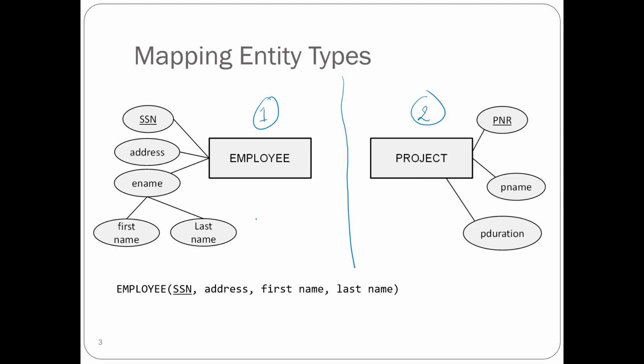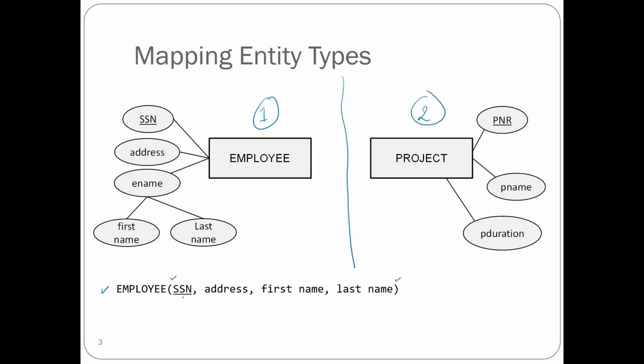Here we go. You're looking at this employee relation that we will create for entity type 1. You'd say employee, and then we will be using parentheses, and between the parentheses we will provide all the attribute types from the ER diagram.